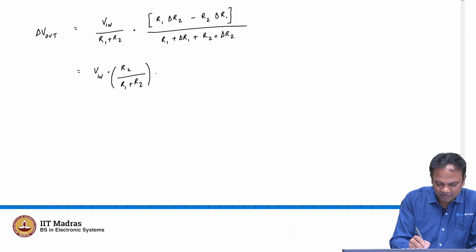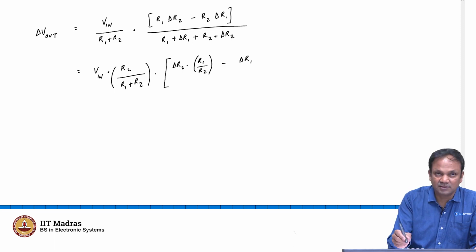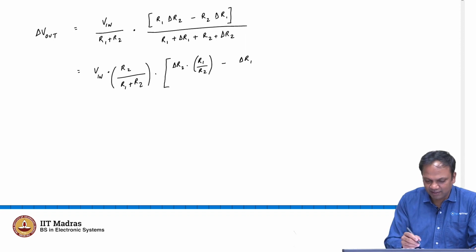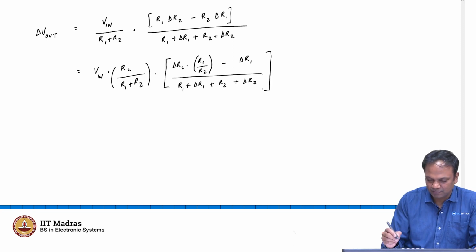Now, I multiplied numerator by R2, so ideally I should divide by R2 somewhere. So we will make this delta R2 into R1 by R2 minus delta R1. Both these terms in the numerator I have divided by R2, divided by R1 plus delta R1 plus R2 plus delta R2, right.